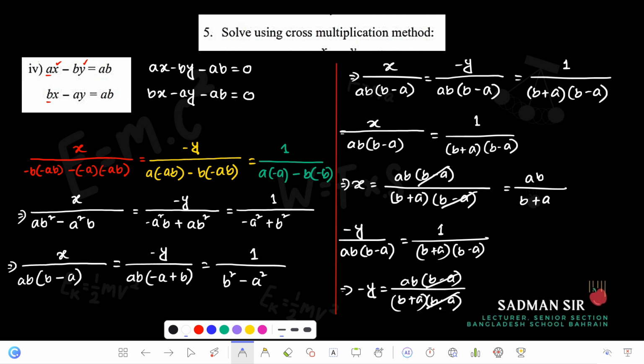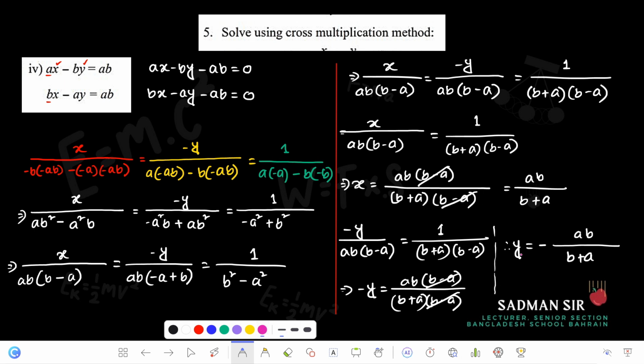So b minus a, they will be cancelling each other, but this is not the value of y, this is minus y. So in order to get the value of y, y will be equal to this minus, you just need to shift it to the right hand side. So put a minus and then ab by b plus a, or a plus b, whatever you want you can write. So there goes our final answer.